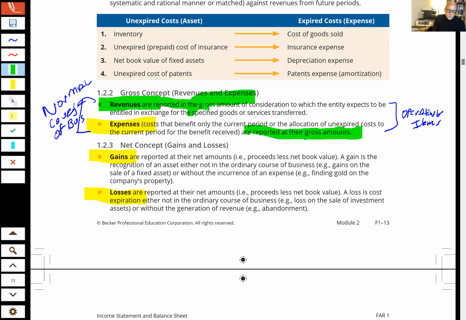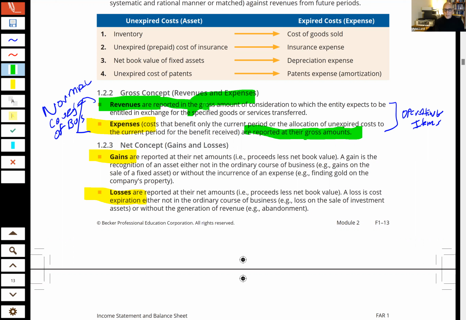So what does all that mean? Let's say we're talking about a teaching organization. Let's do that, okay? So revenue is going to be what? Normal course of business operating items. Revenue is going to be tuition, all right?